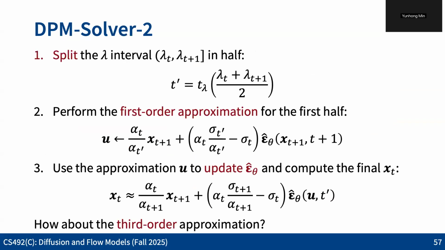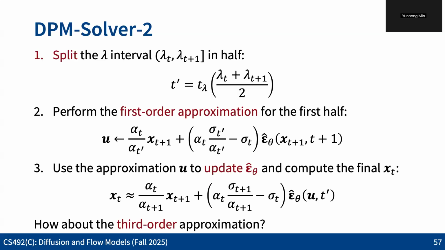Roughly speaking, the basic idea for achieving the second order approximation is that, for the given time interval, we split each interval and first perform the first order approximation by computing the middle point.